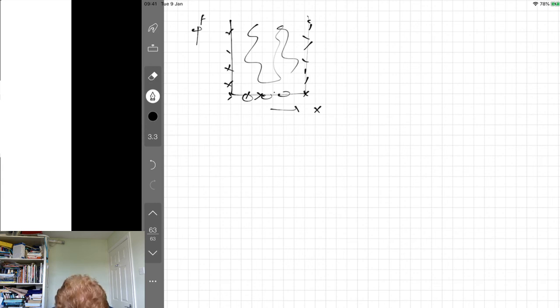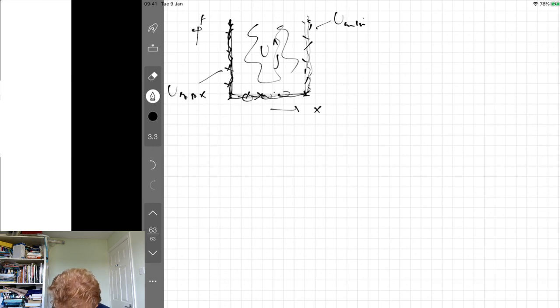Anything which happens in here on the grid, so that's u_j^n, lies between the minimum on the boundaries including the initial conditions and the maximum found on the boundaries and as initial condition. So there's a u min here somewhere, and a u max somewhere on this boundary, and u_j^n is guaranteed to lie in between.